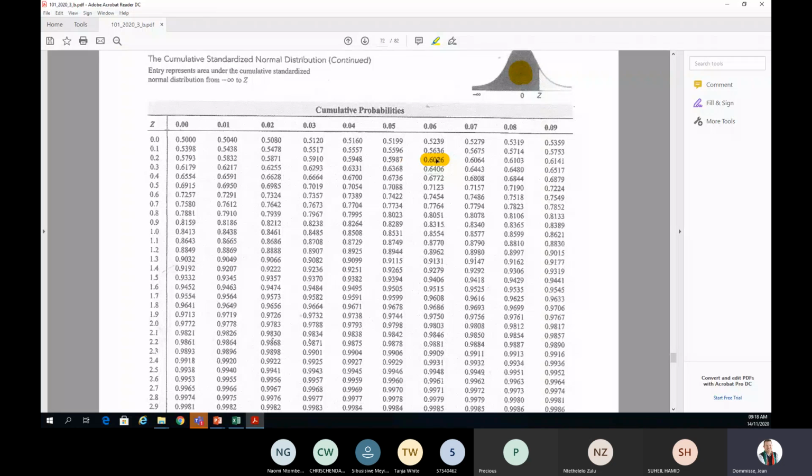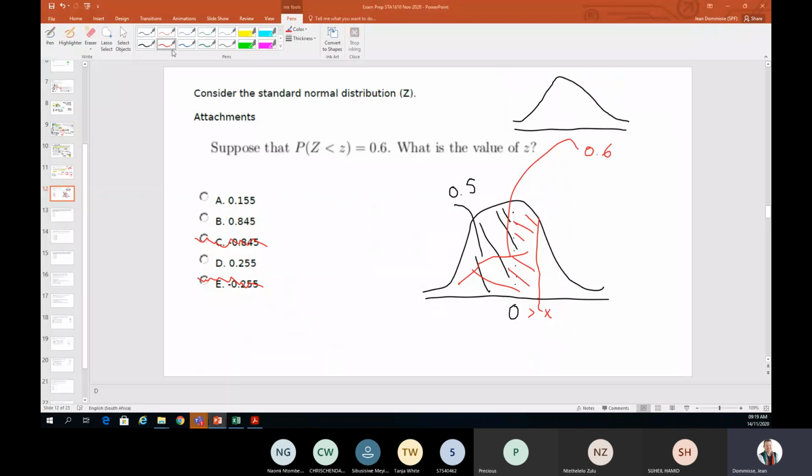So I'm looking for an answer that is close to 0.26 or 0.25. When I go back to my answers, I'm looking for an answer that is close to 0.25 or 0.26. Okay, and when you see that one is actually in the middle of the two, that is your correct answer.